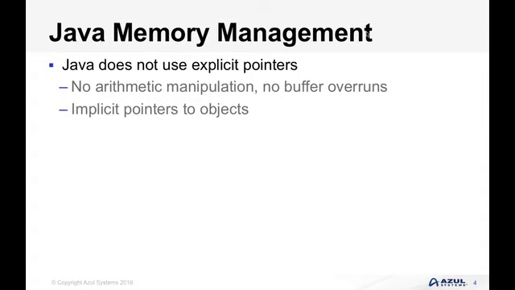Now, thinking about a little bit more detail of Java memory management, Java doesn't use explicit pointers. In C and C++ and languages like that, you actually have a memory address that points to an area in virtual memory that you can then store data in. You can also use that as a number and manipulate it by adding something to it or subtracting something from it.